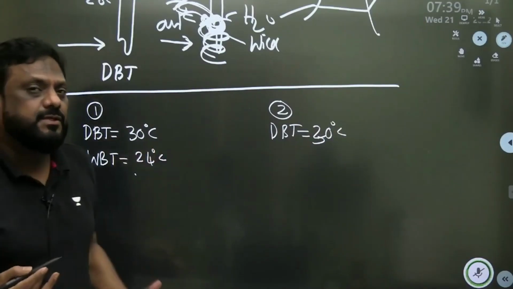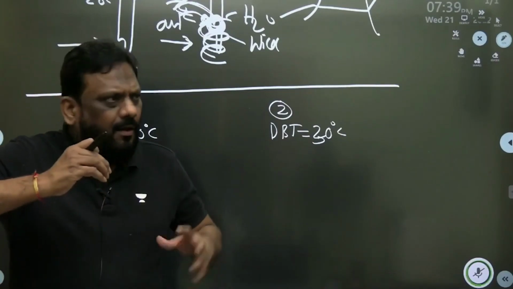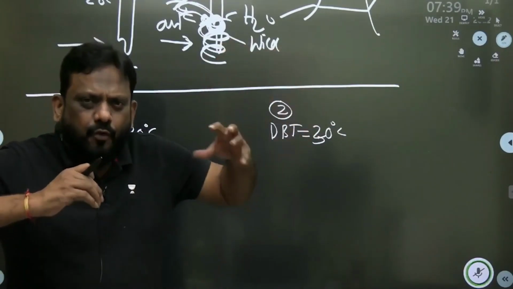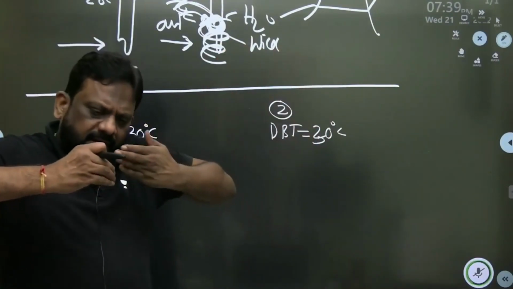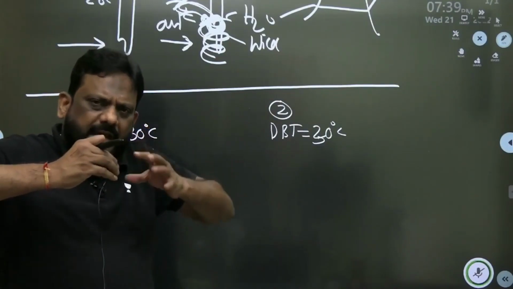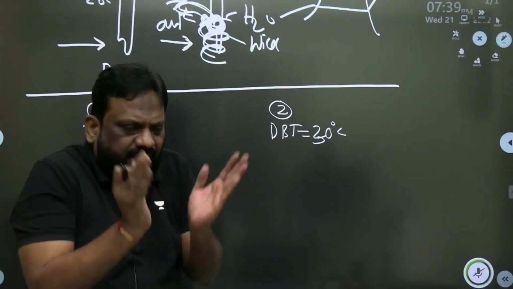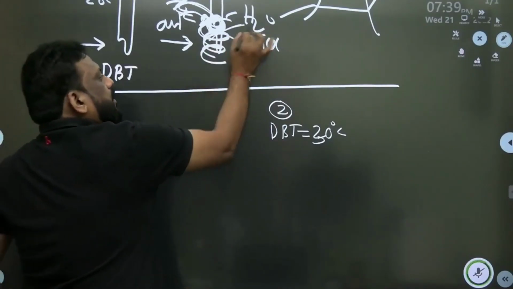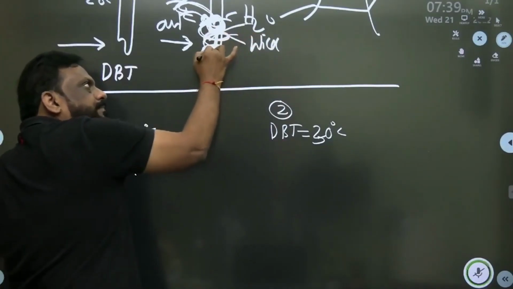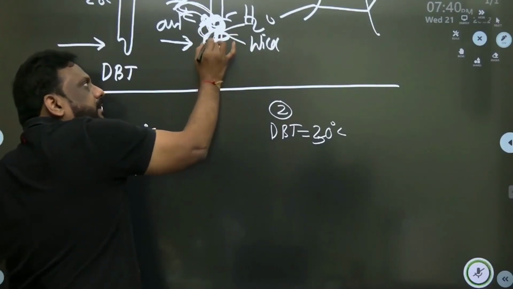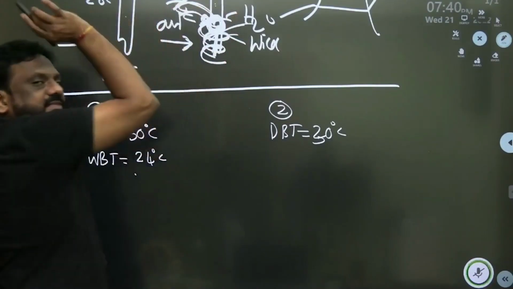It will definitely be less. Why? Because when unsaturated air flows over this wick, water vapor is added to the air, and due to evaporation from the wick, the temperature of this will fall, and thereby it records a temperature less than the dry bulb.